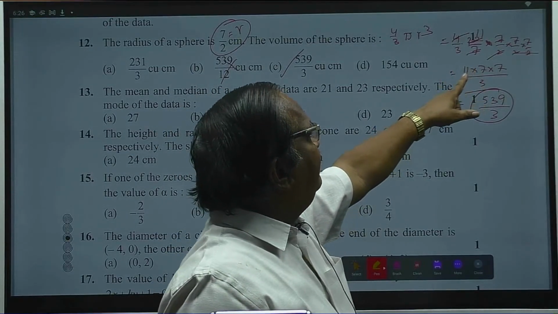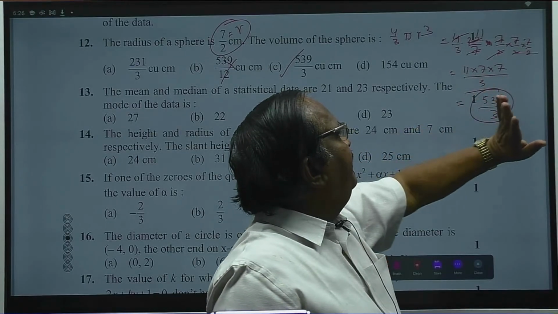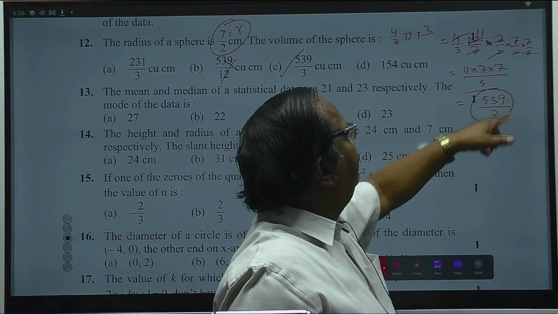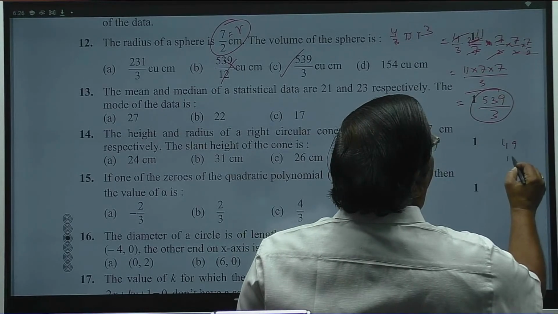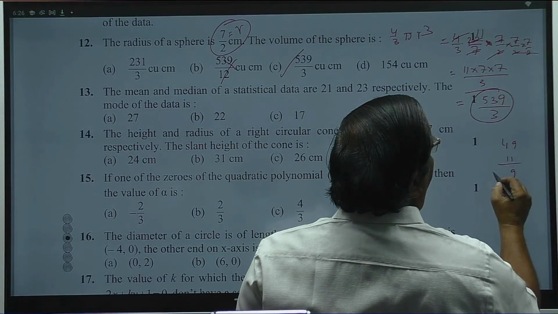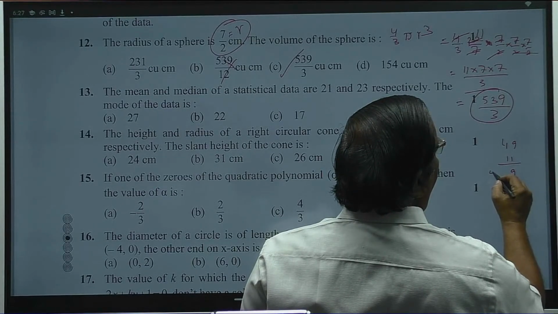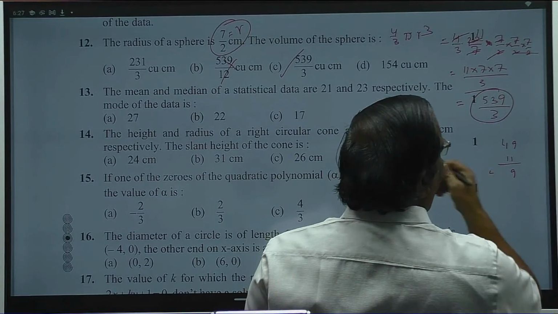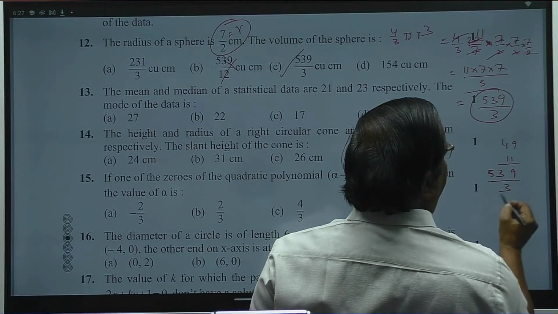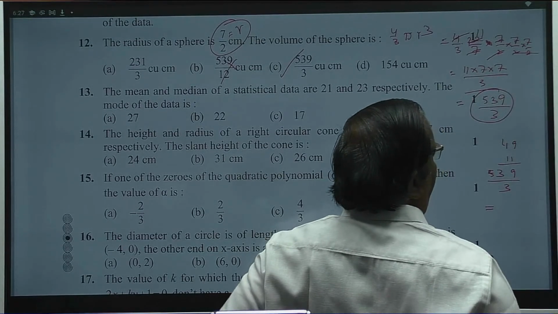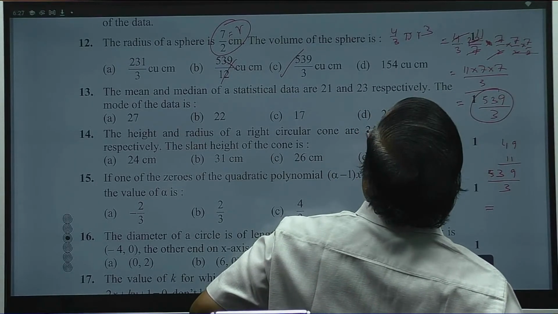So 11 into 7, 7 into 7 is 49. 49 into 11: 44 plus 9 is 53, so 539 by 3.